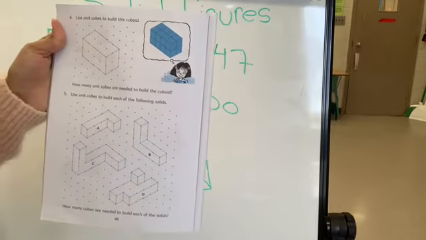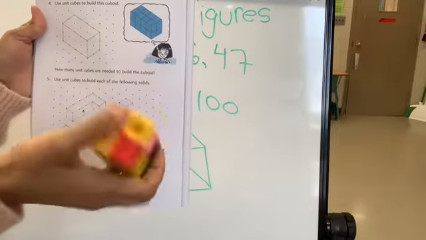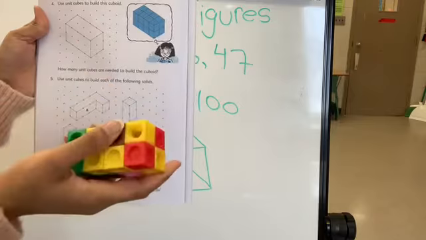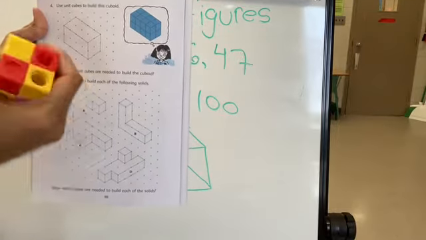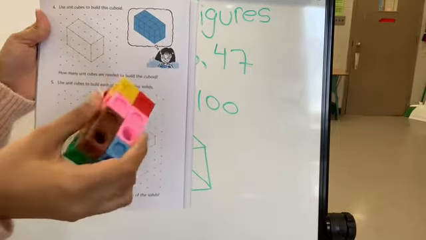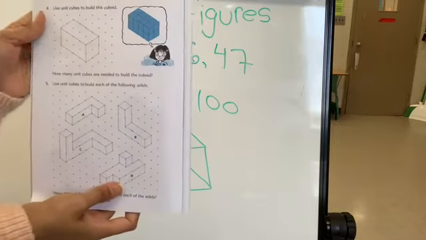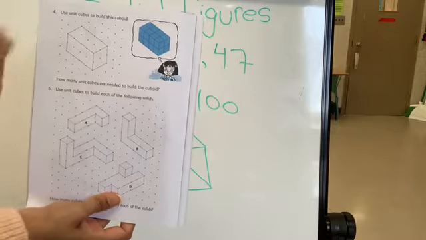Another word, when we have a shape like this, we call it a cuboid. You can call it 2 things, cuboid or rectangular prism. Okay, it's a rectangular prism. So this says cuboid. So how many unit cubes are needed to build the cuboid?